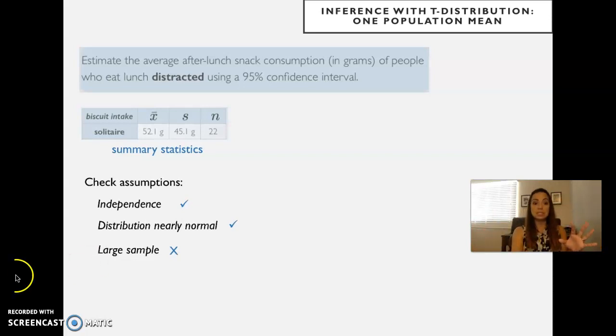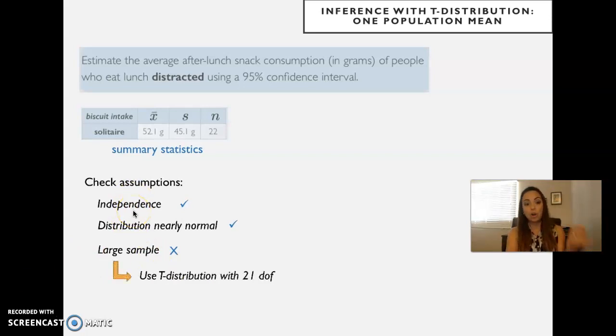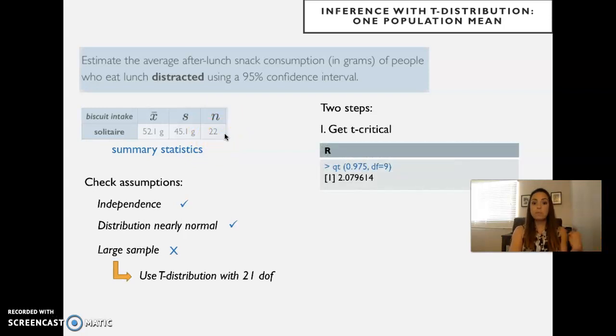You can't because the sample is not large enough, but we can use the t distribution because these other two things are indeed true. And we're going to use the t distribution with 21 degrees of freedom because it's 22 minus 1.